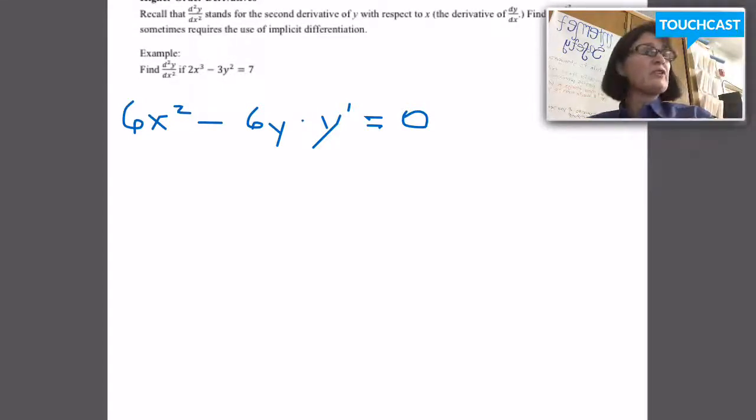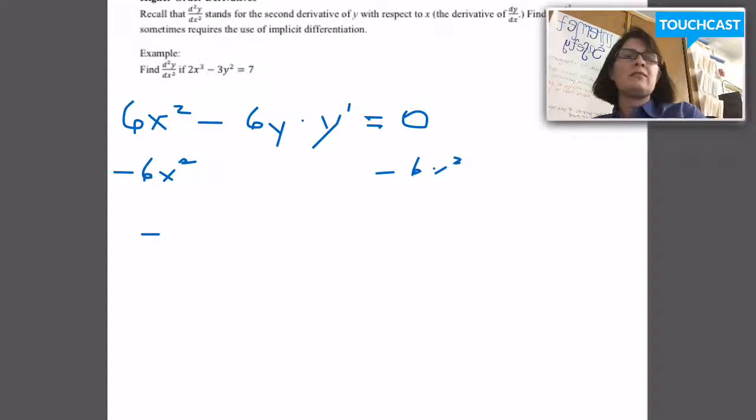My first step is to isolate dy dx. In this case, I called it y prime. I'm going to subtract 6x squared from both sides. I'll get negative 6y times y prime equals negative 6x squared. Divide both sides by negative 6y.